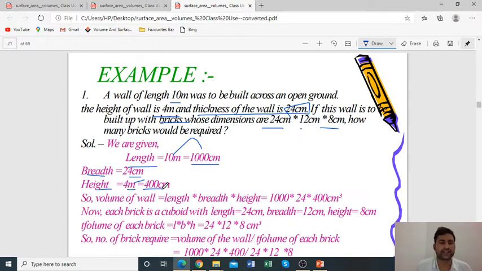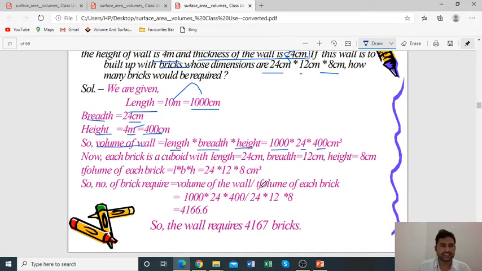First, we find the volume of the wall. The wall shape is a cuboid, and the volume of a cuboid is length times breadth times height. So 1000 times 24 times 400 cubic centimeters.